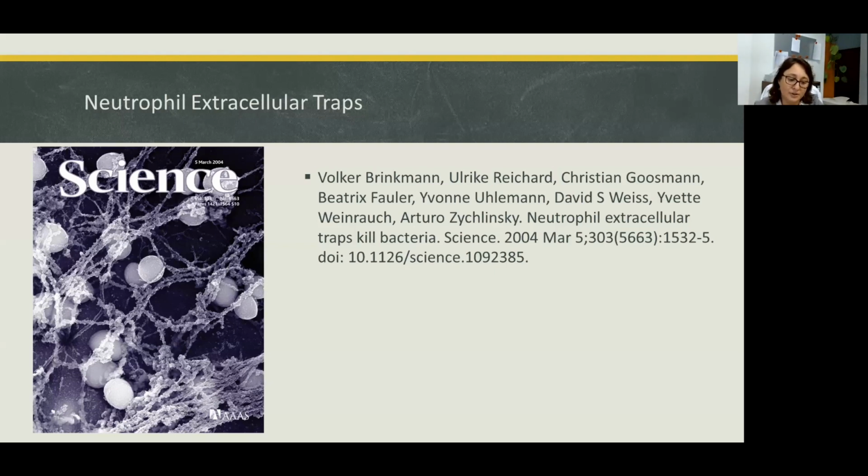They also showed that pathogens are not only immobilized within these traps, but they are also killed and their virulence factors are degraded. That was one of the first reports showing that NETs may play a very important role in innate immunity. They create a high local concentration of antimicrobial agents to kill bacteria.